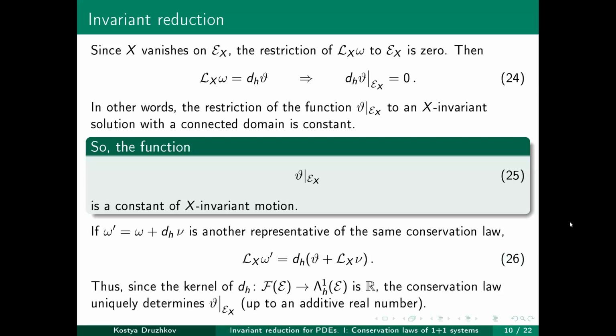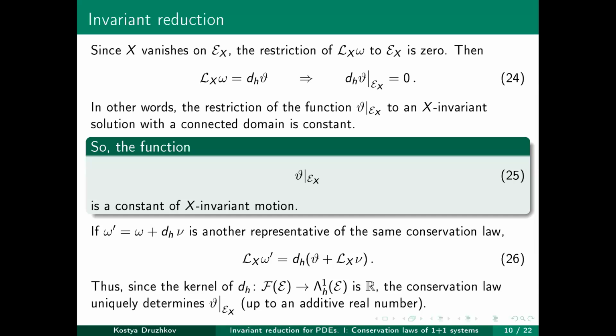But let me note that if we have another representative of the same conservation law, then formula 26 holds as well. So the Lie derivative of another representative becomes the horizontal differential of this combination, theta plus the Lie derivative with respect to X of some function on epsilon.